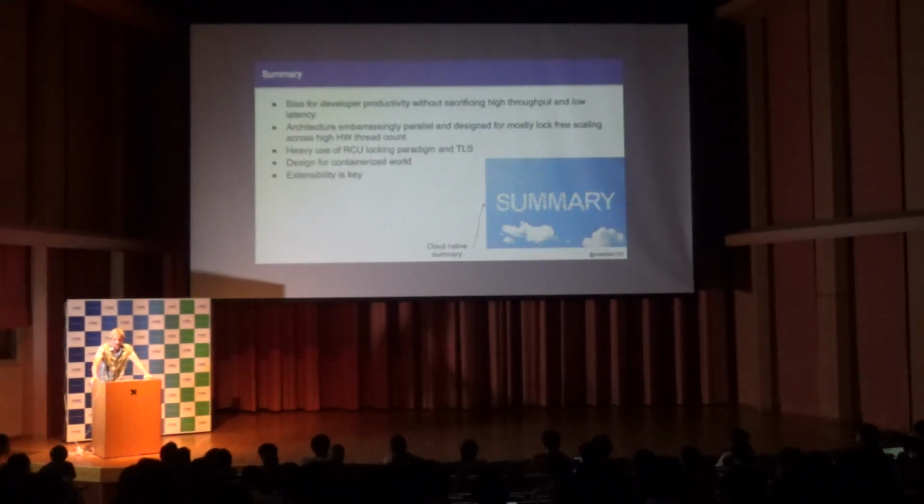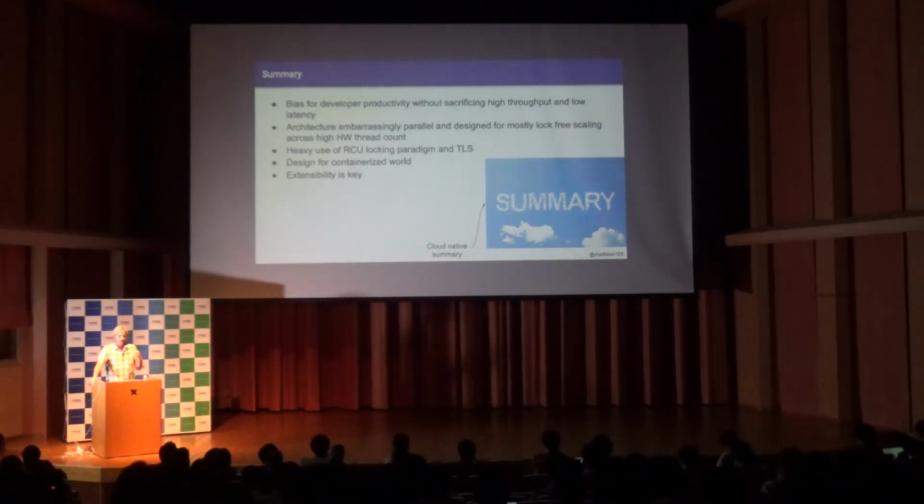Cool. So a brief summary. From an Envoy architecture perspective, we have, in general, a bias towards developer productivity. We would like people to be able to write code quickly, but we'd still like it to be very fast and low latency.